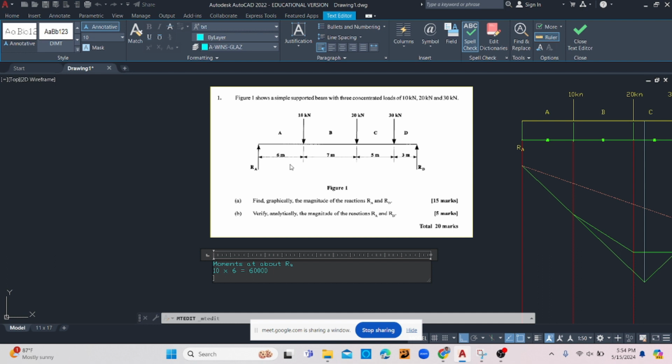So 6 and 7 is 13. So it's going to be 13 times 20. Alright, so 13 times 20, whatever that works out to be.